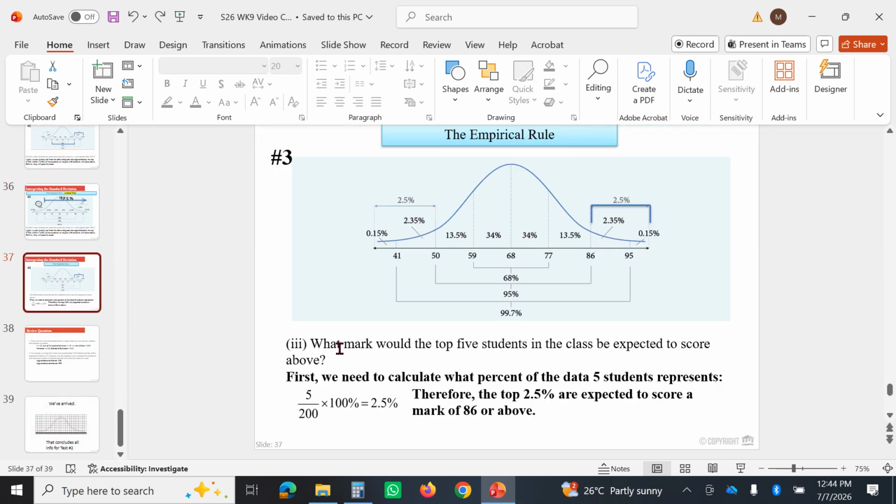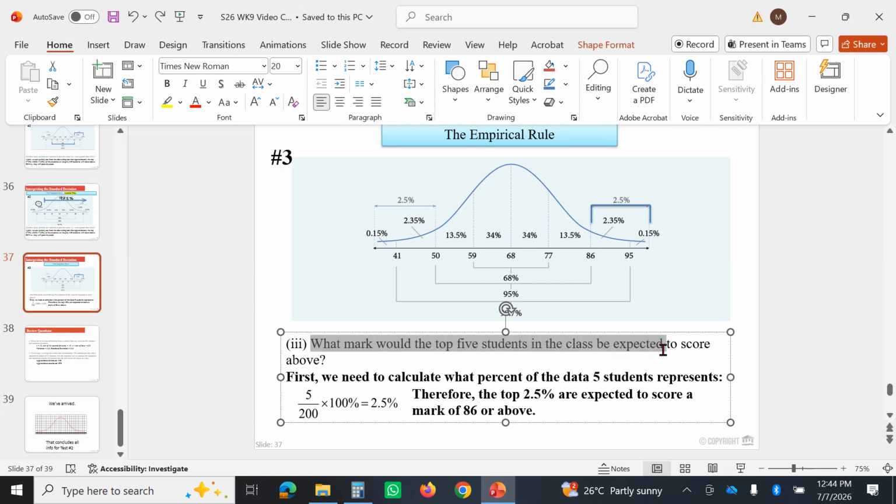Question number 3 here. What mark would the top 5 students in the class be expected to score above? So top 5 students. Well, first we need to calculate what percent of the data 5 students represents. So 5 students divided by 200 students times 100, so the 5 students represent 2.5% of the total. And what would their marks be? Well, you have a look here.